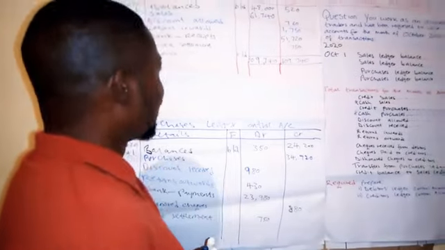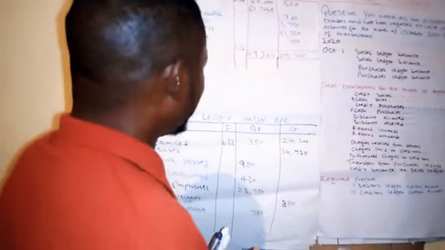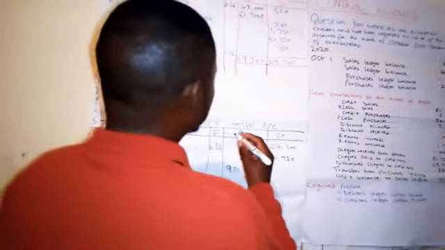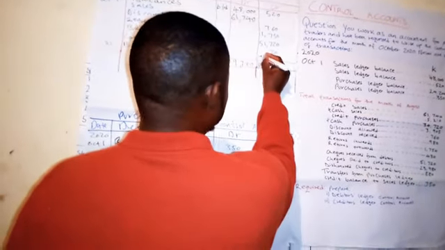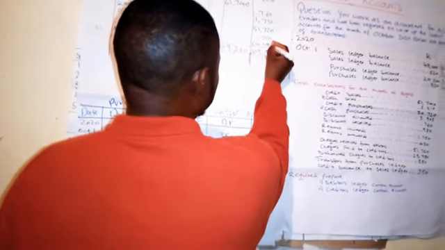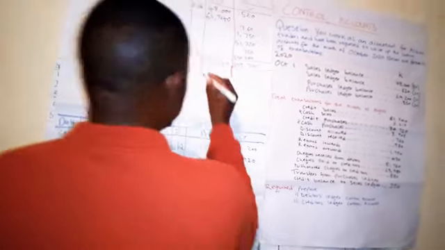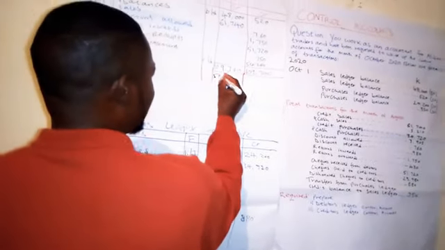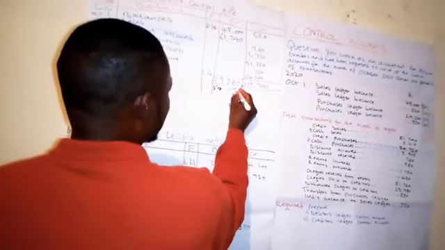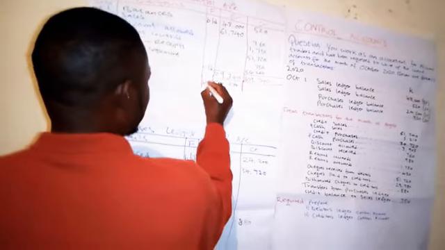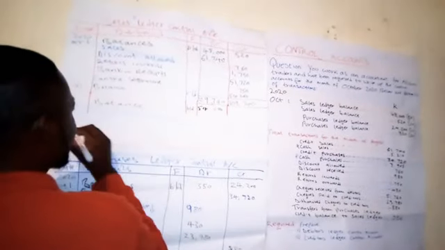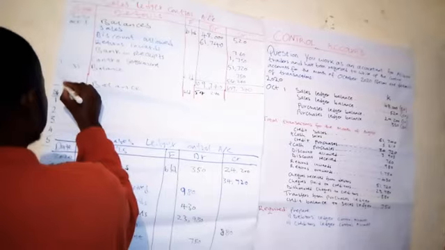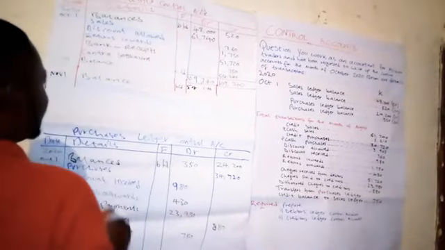So balancing off, the balance carried down we have 54,240. So we bring this balance down here, 54,240, as balance brought down, and this is on November 1st.